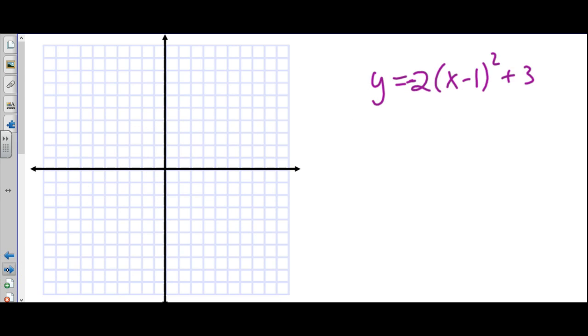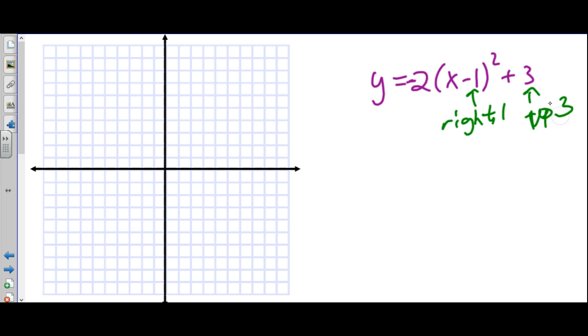So let's try graphing this function. y equals negative 2 times (x minus 1) squared plus 3. Looking at what each number tells us, we have a negative 1 inside here. We said negative actually tells us to go to the right, so we have to go right 1. 3 is positive, so we go up 3.